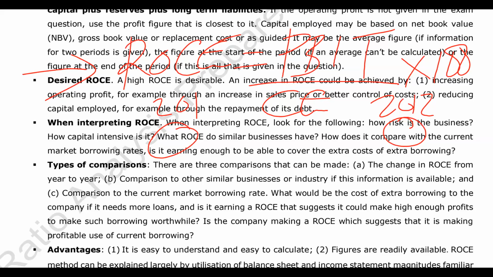Did the ratio increase or reduce? If it reduced, why did it reduce? What could be some of the reasons why it reduced? If it increased, what could have led to an increase? So ideally, this ROCE should increase. We need a lot of return on capital employed. Is that clear?